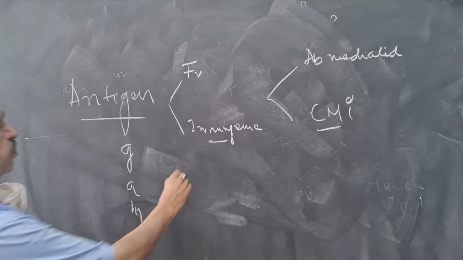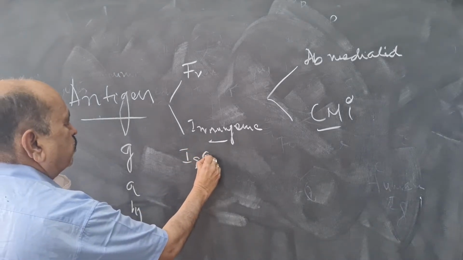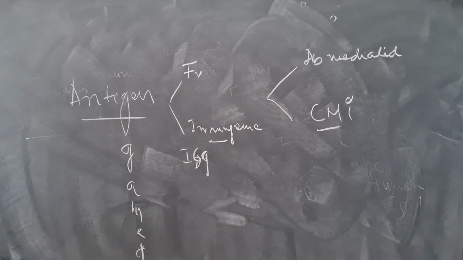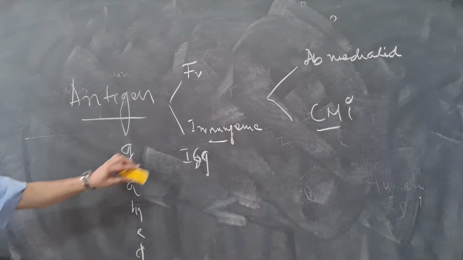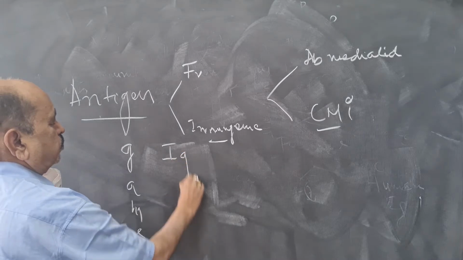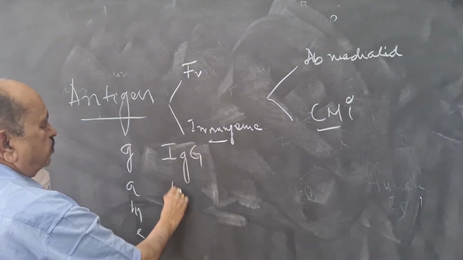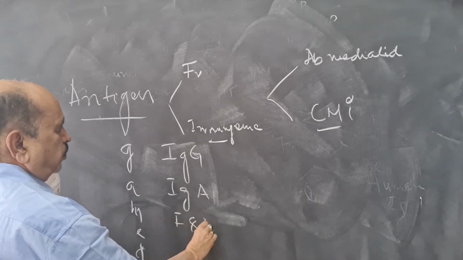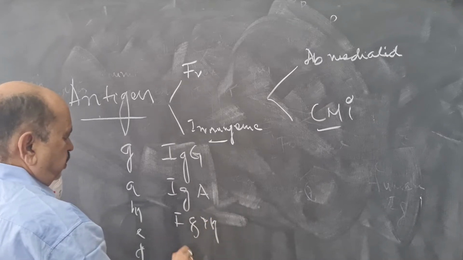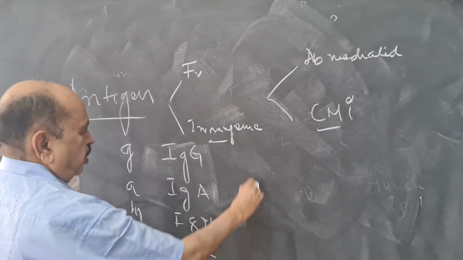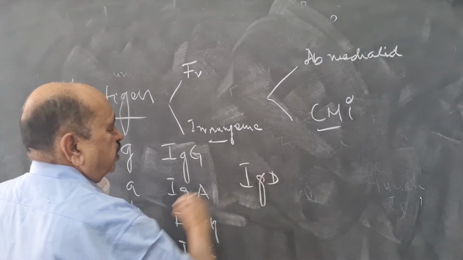The first one is IgG, next is IgA, third is IgM, then IgE and IgD.